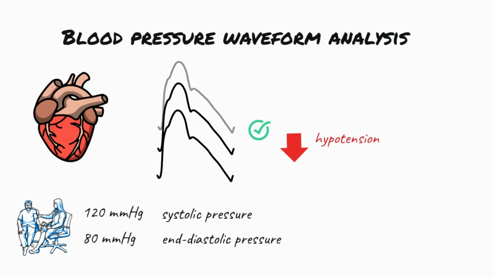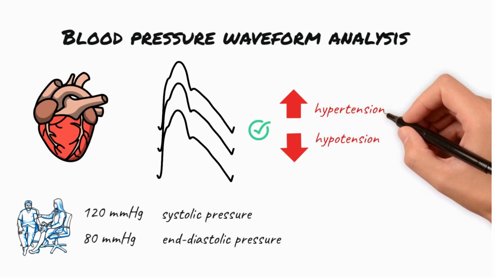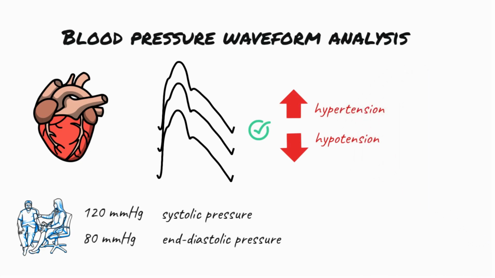On the other hand, if a drug increases the pressure, patients might become hypertensive, which again is unwanted, as this can cause stress on the blood vessels, can cause damage to the heart, and so on. So far, so good. It is clear that diastolic and systolic pressure are important values when assessing drug safety. These values can give us some information about what is going on in the cardiovascular system and if a drug is safe to administer to patients or not.